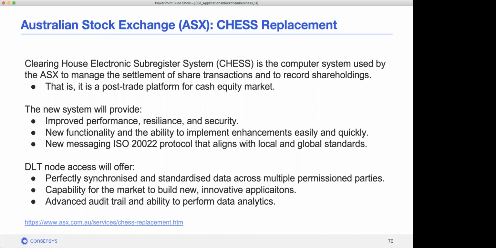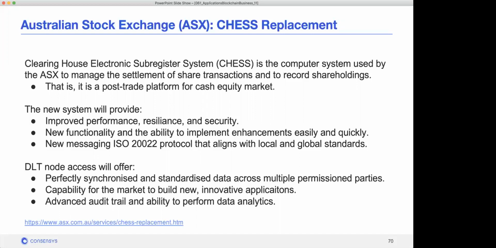The Australian Stock Exchange did a CHESS replacement. CHESS is essentially the computer system to settle share transactions and work out who owns what shares. To use their term, it's a post-trade platform for the cash equity market.